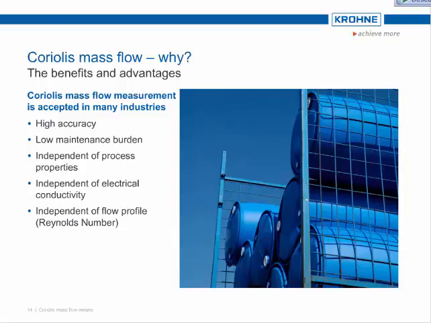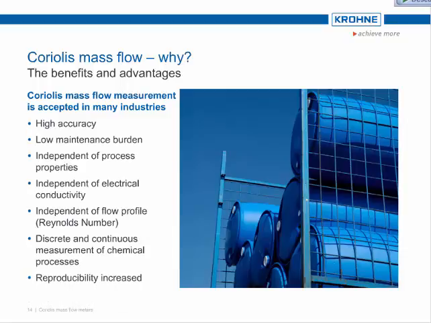Therefore, the Reynolds number is not used in Coriolis flow meter sizing, and inlet and outlet runs are not required. As chemical reactions are calculated using mass, not volume, the Coriolis mass flow meter is ideal for measuring into and out of discrete and continuous chemical processes. With direct mass measurement, the reproducibility of processes is increased.